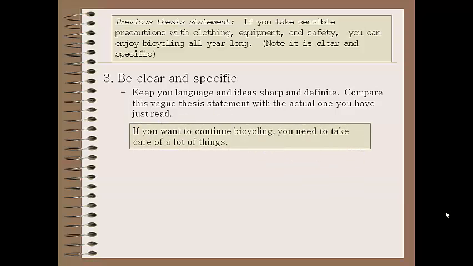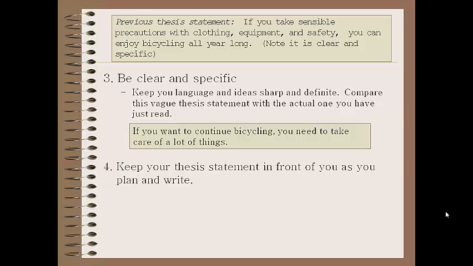If you want to continue bicycling, you need to take care of a lot of things. Okay, the idea is there in the vague example, but you lose the specifics. You lose the focus of your paper. So you need to be clear and specific.